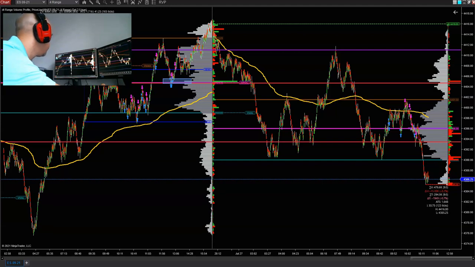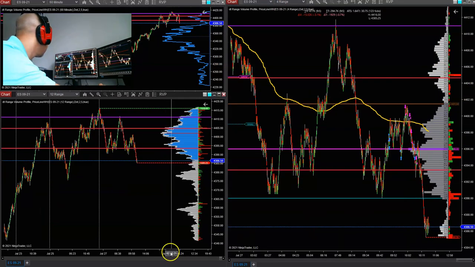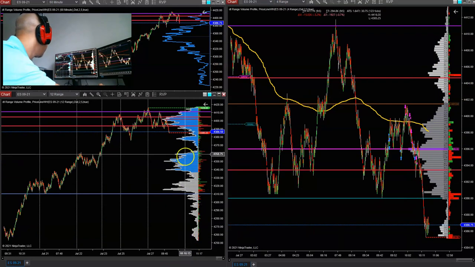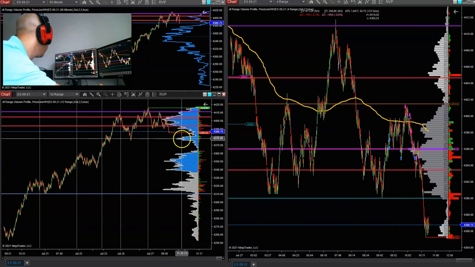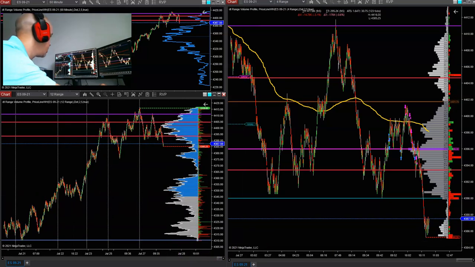Trying to push lower. We're in this low volume area, so price could come down here. There's a high volume area below it, so right now it's in the low volume area, but it's at the lower end of the low volume area.